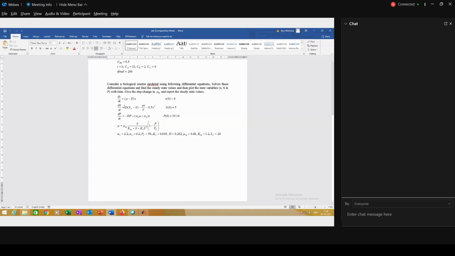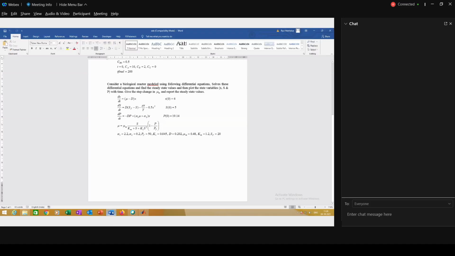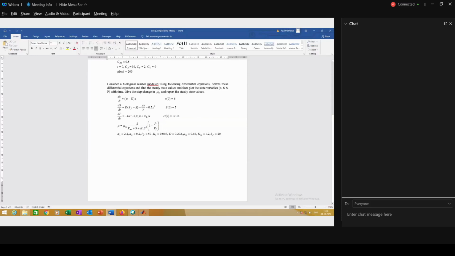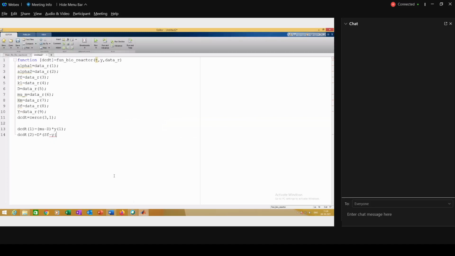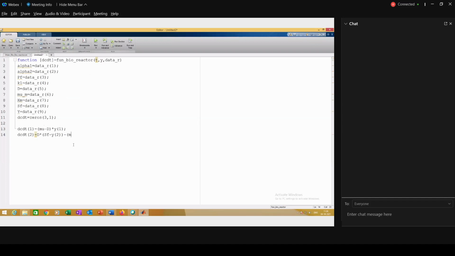Second, I can write the second differential equation, dcdt of 2 equal to d into (sf minus s), where s is the state variable. So I have y2 here, the second variable, minus mu into x, where x is my y of 1, the first variable.